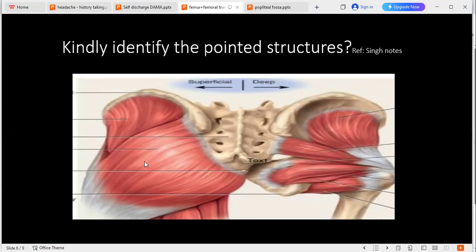Gluteus maximus, then gluteus medius. No, you're not identifying it correctly. Can you please identify this muscle? 1, 2, 3, 4, 5. All these, if you could identify. No? All right, we're moving forward.